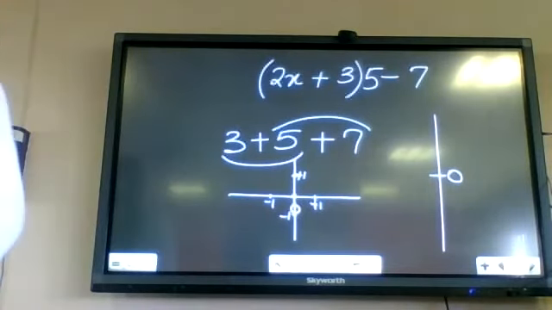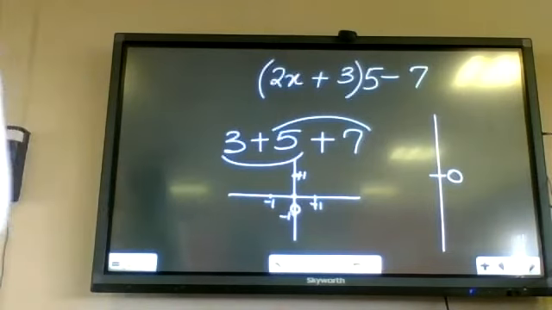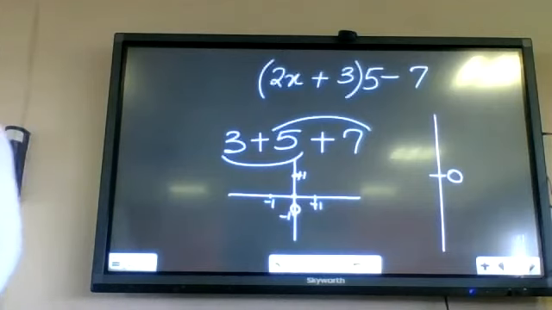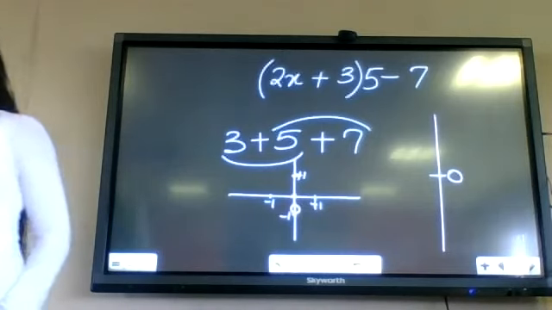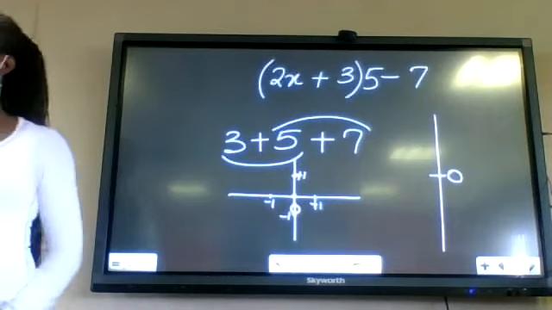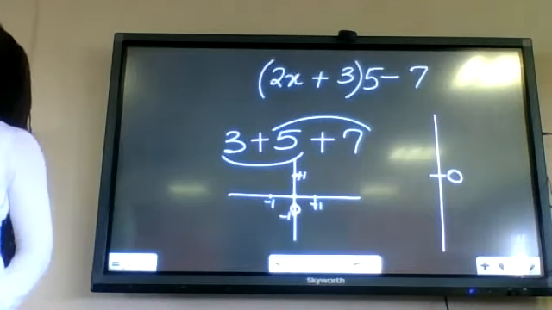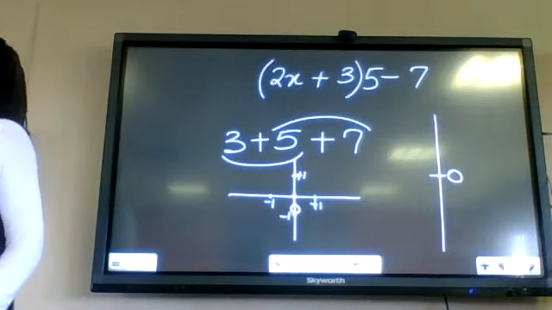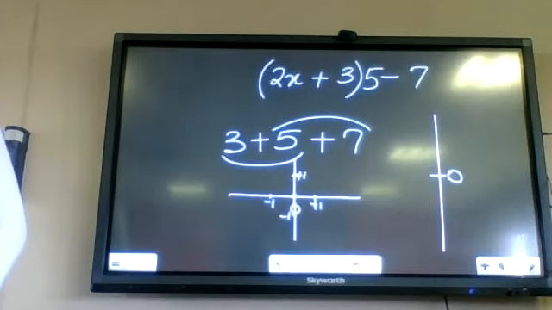The signs can be positive and positive, or negative and negative. Your answer must be positive. The moment you are working with numbers where the signs are not the same, your answer will be negative.